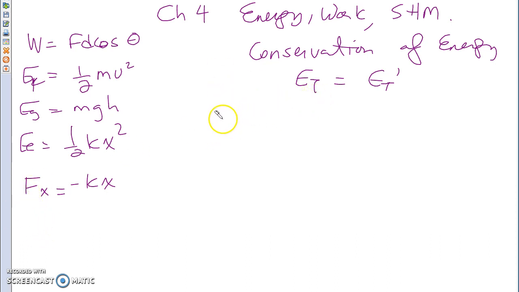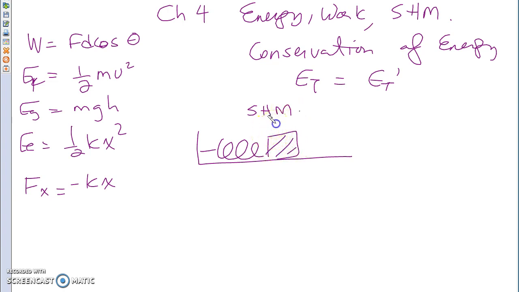And then we talked about simple harmonic motion, where an object, imagine it was in a vertical thing like this, and an object is pushed inward in an ideal spring, right?